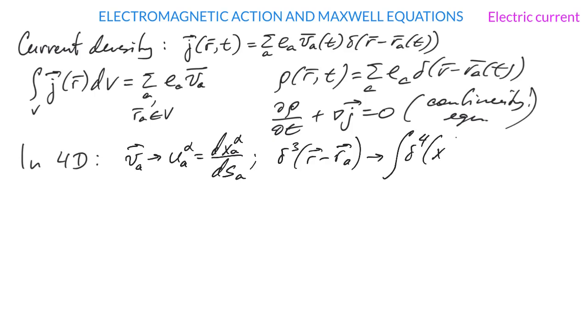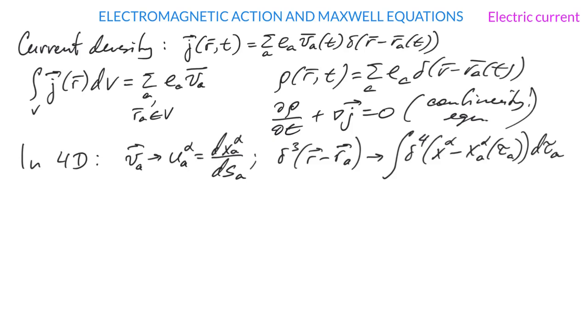So here I have x^alpha minus x^alpha sub a as a function of tau_a. So tau_a is the proper time along the world line of one of the particles, number a, and then we integrate over d tau sub a. So this 4-dimensional delta function should give us something everywhere along the world lines of the particles.